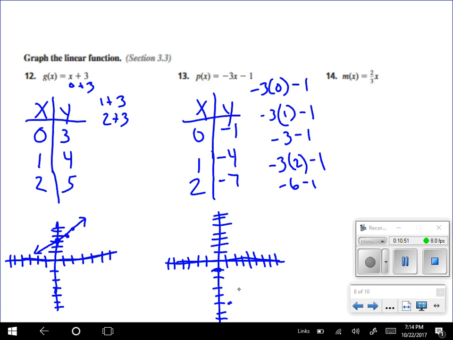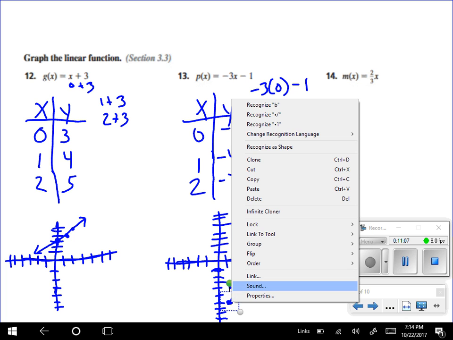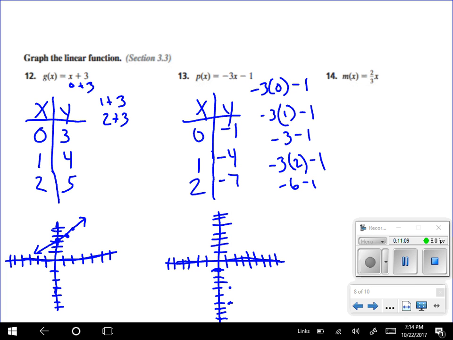And 2, -7. So 1, 2, 3, 4, 5, 6, 7. Looks something like, ignore my line here, that.